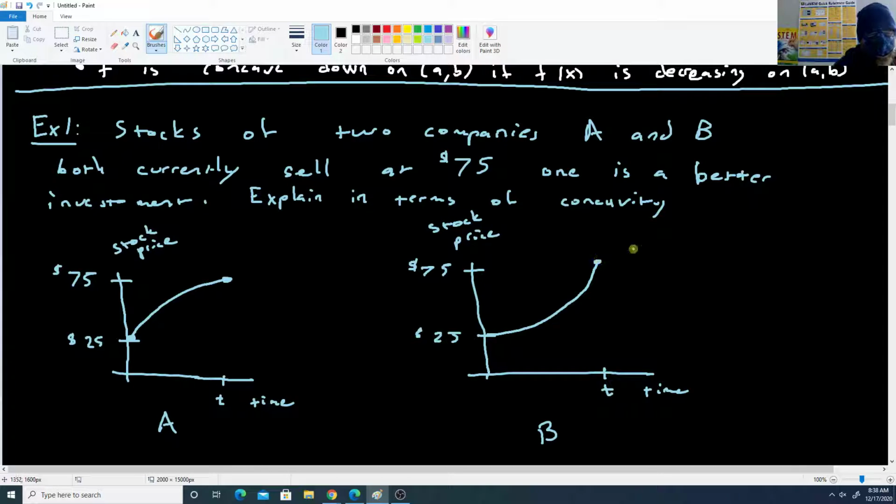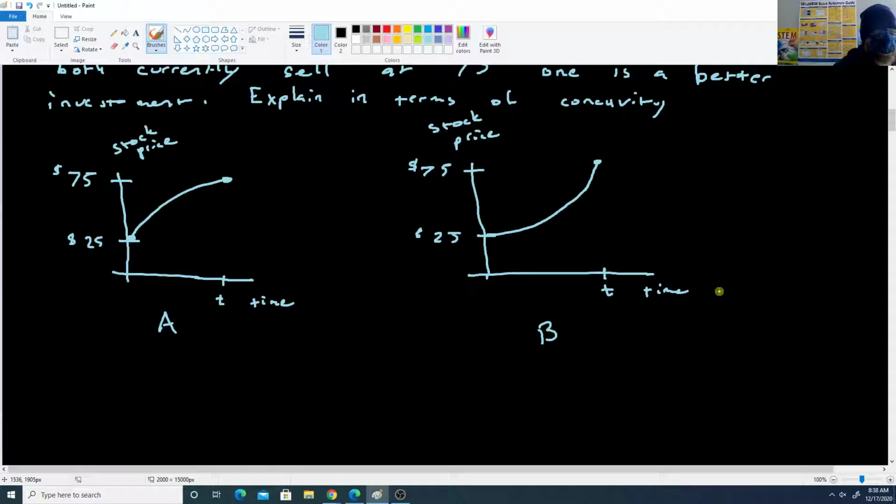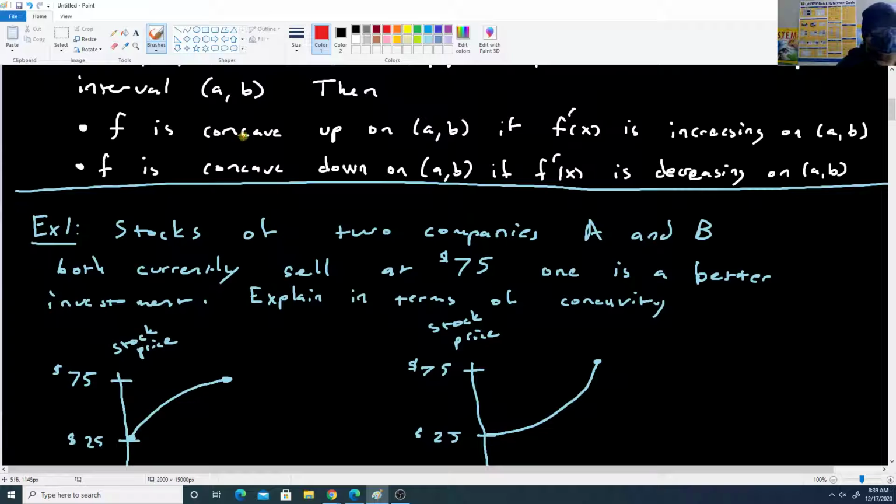And we can kind of see, based on these two graphs, we can say A is concave down, B is concave up. And if we look back to our definition, if you're concave up, f prime is increasing.